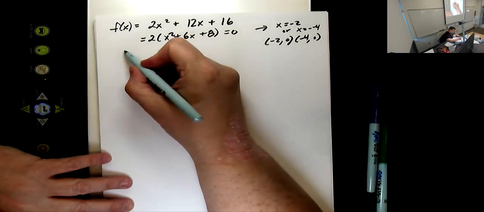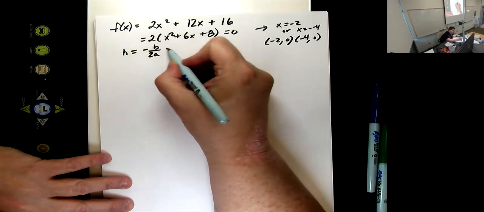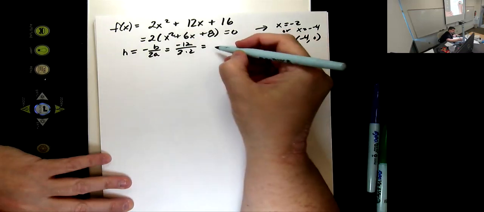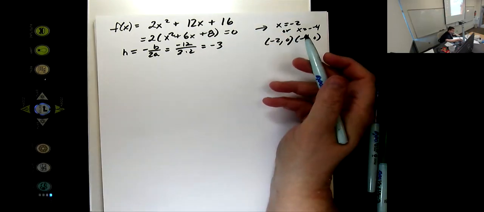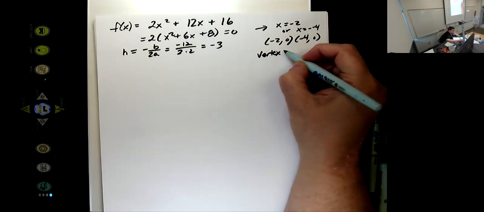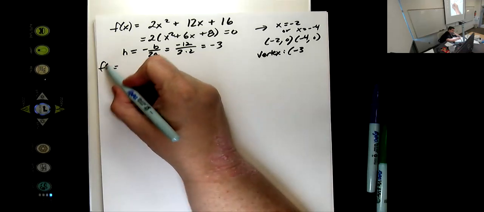And our vertex h equals -b over 2a. It's -12 over 2 times 2, which is still -3. I stick in -3.